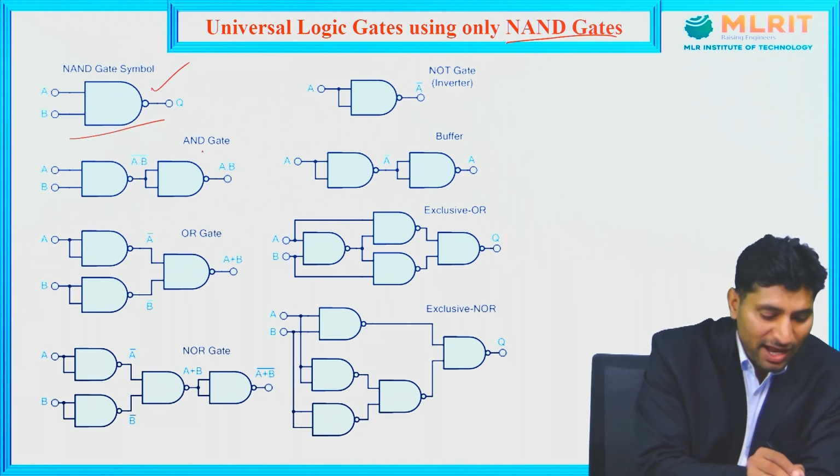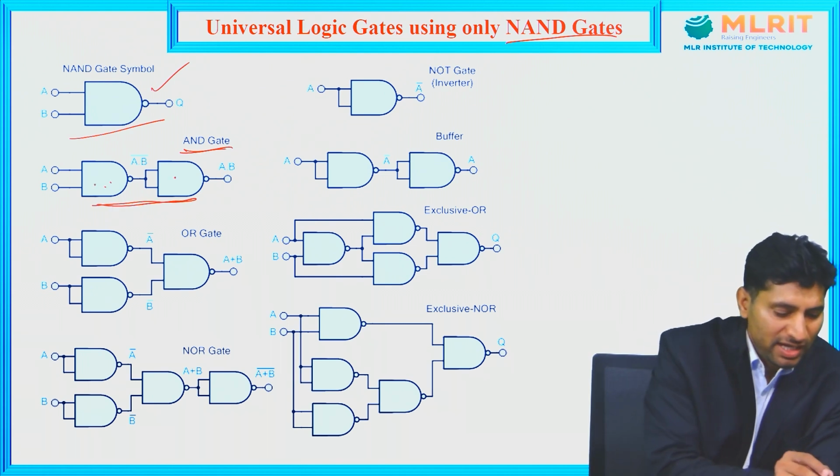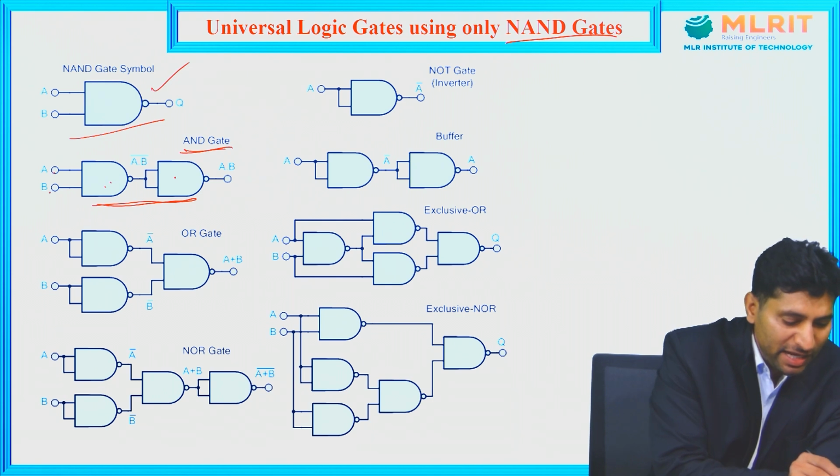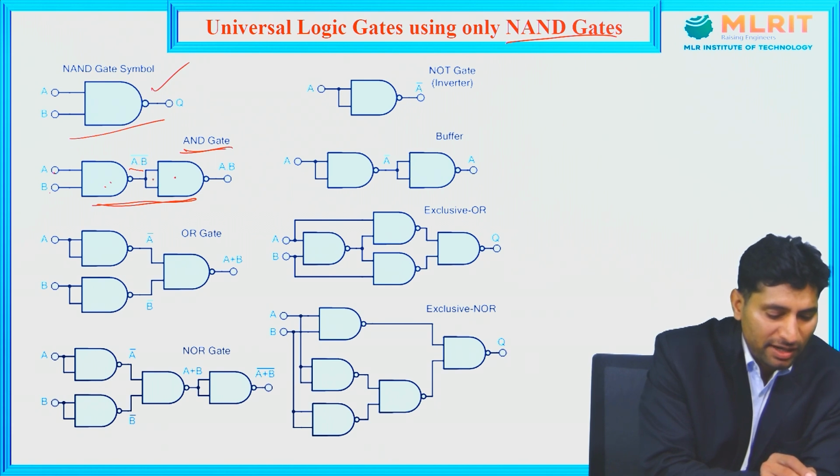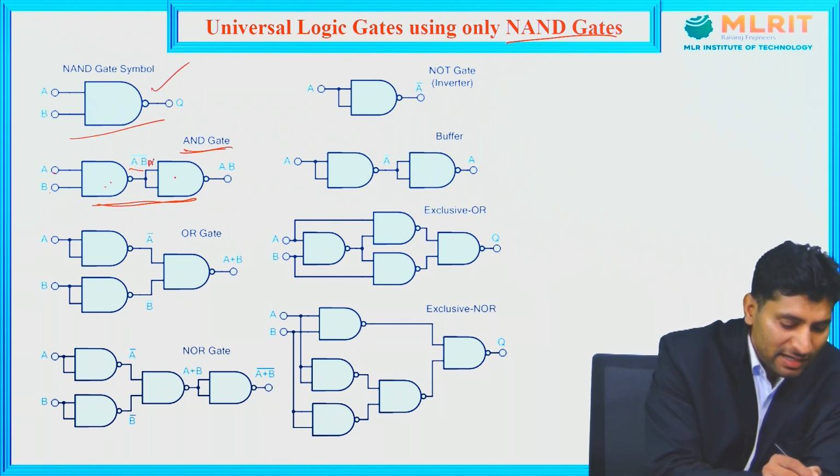And if you want an AND logic gate, I can use two NAND gates like this, connected in series. So, here if you observe, if you apply the AB input to this NAND logic gate, I will get (A dot B) whole bar. Again, on this line (A dot B) whole bar, and on this line (A dot B) whole bar.